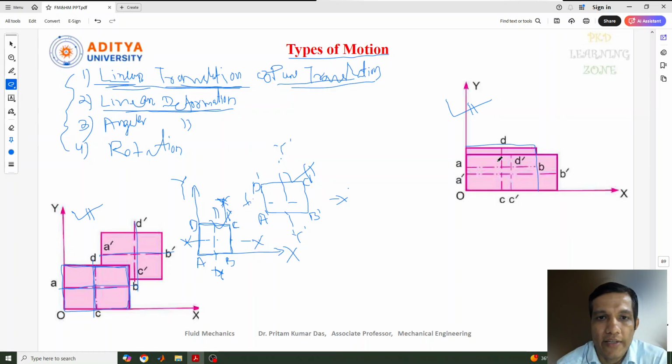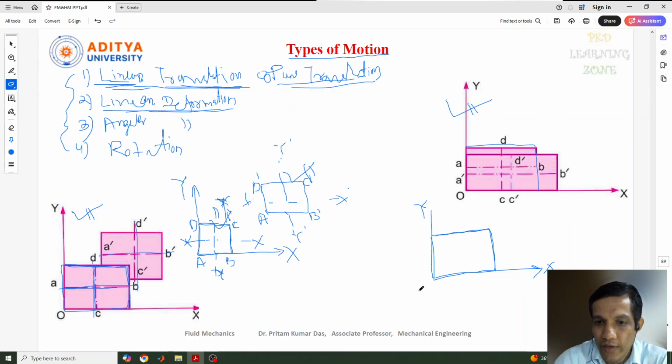Now if you want, I can draw a diagram here similarly. So this is the x and this is the y, and just draw a diagram like this, the initial starting. Similarly we can mark the points of this fluid element, AB and CD.